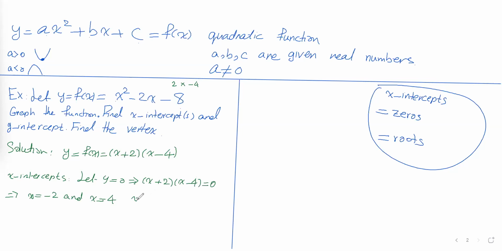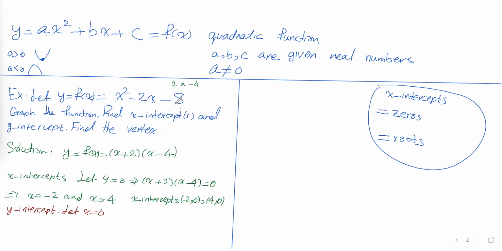So my x-intercepts are negative 2 and 0 and 4 and 0, right? So easy. So once I got x-intercept, you can also try to find y-intercept by letting x equal to 0.